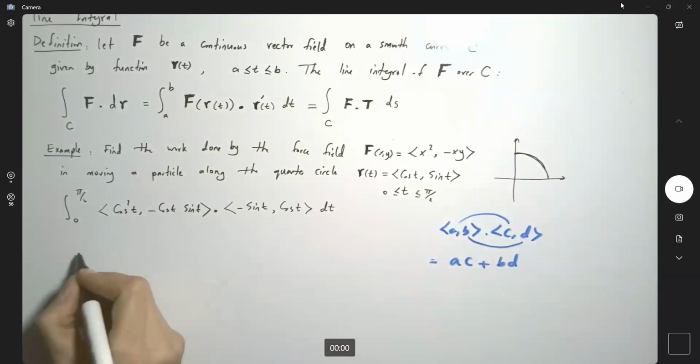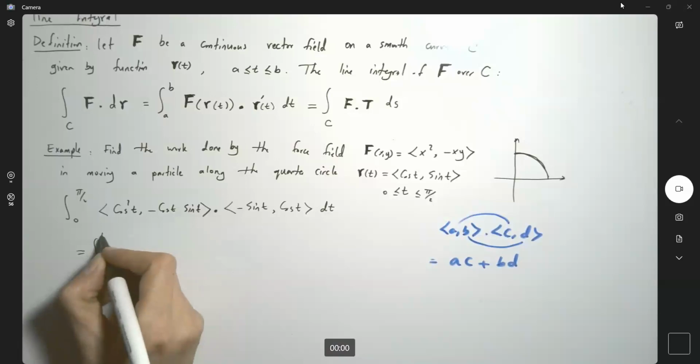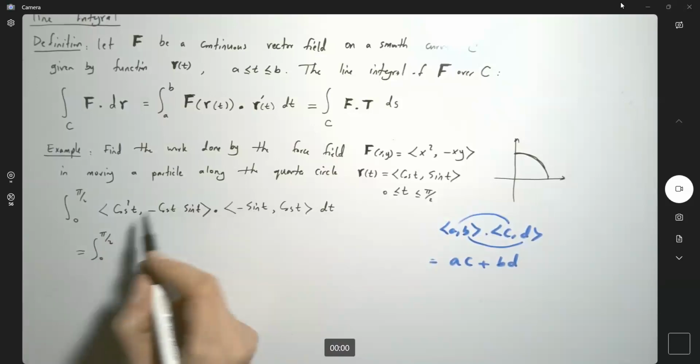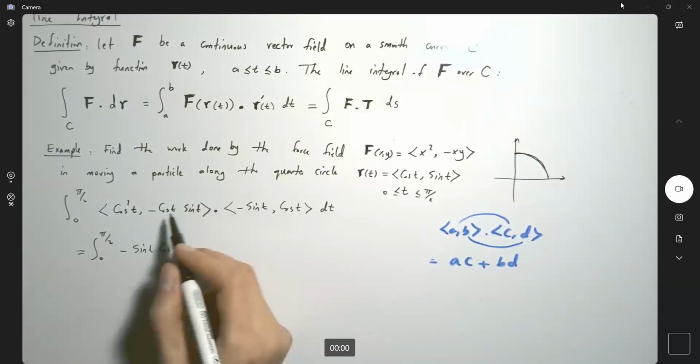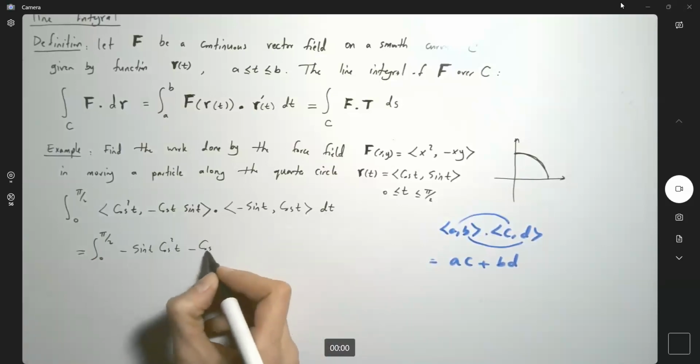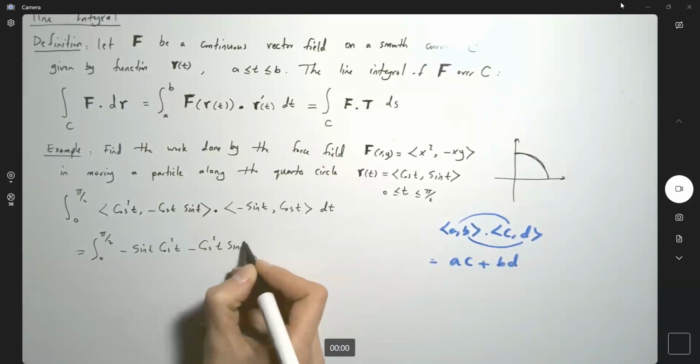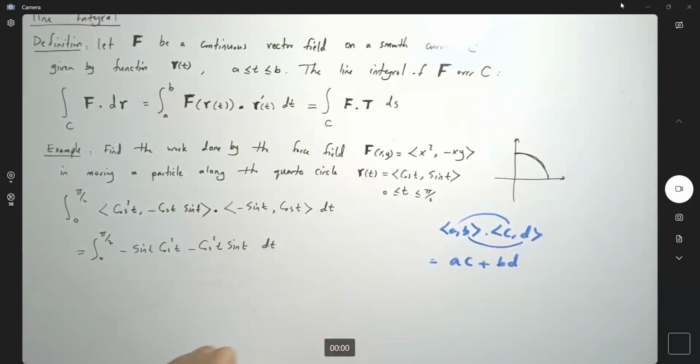So this becomes the integral from 0 to pi over 2. The multiplication is negative sine t cosine squared t, and here you have negative cosine squared t sine t dt. If you combine these together, you have negative 2 sine t cosine squared t.